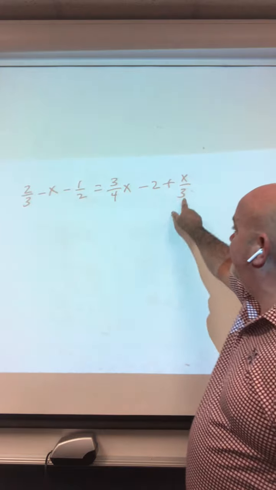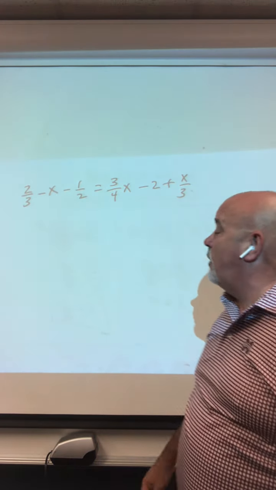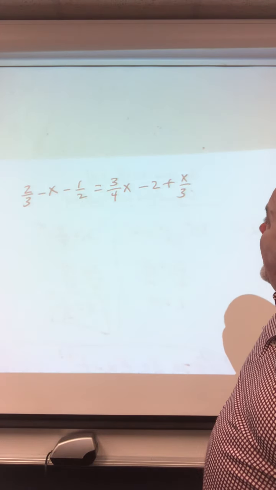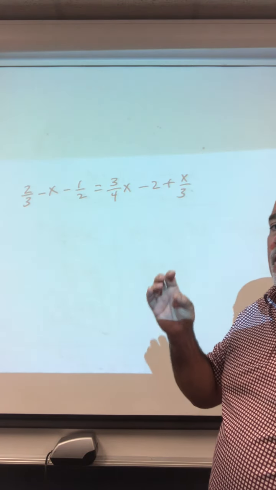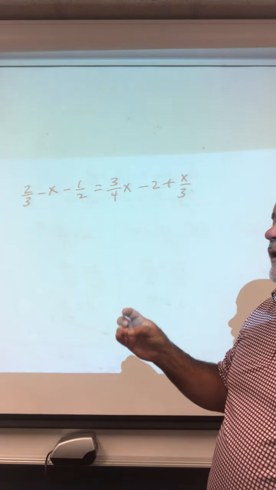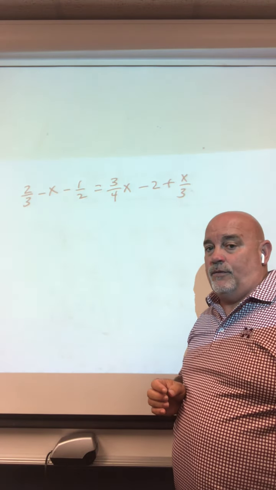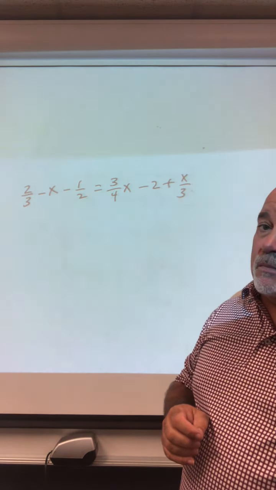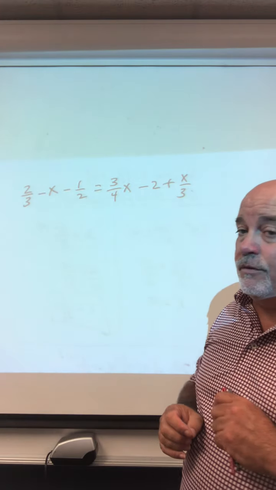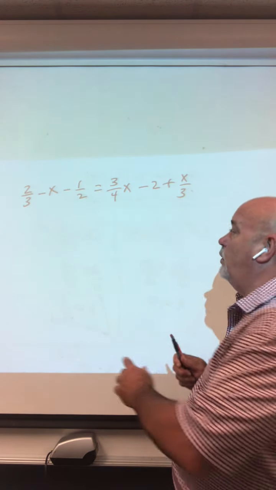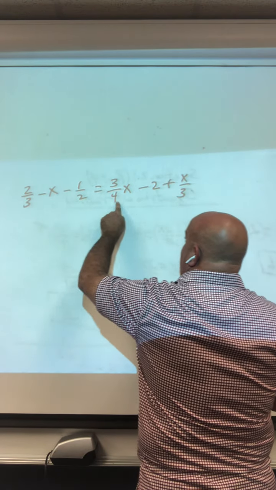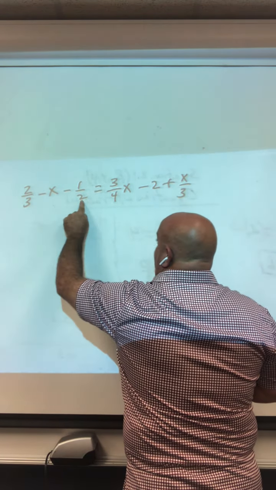All right, so we've got a denominator of 3, a denominator of 4, and a denominator of 2. So let's see. 3, 4, and 2. The common multiple is 12. So what I'm going to do is multiply through by 12. But remember, when you multiply through by 12, you don't multiply just the ones with fractions.